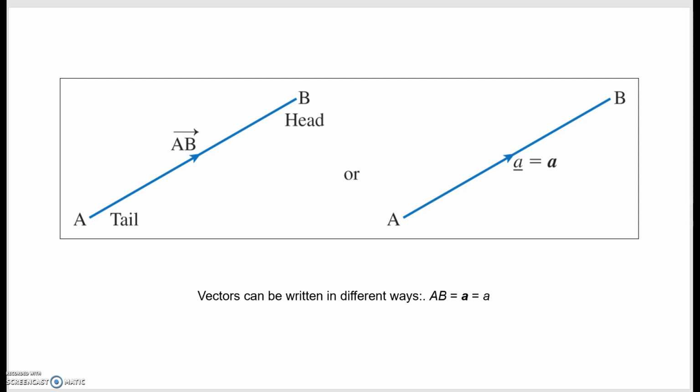Vectors can be written in lots of ways. There's another way that I tend to write them with a little squiggle underneath like that. But all of them start with a line, and a line that has a beginning or a tail and an end, which is a head, and it doesn't matter which way you write it. But the length is the magnitude, and the direction is the direction given from A to B.